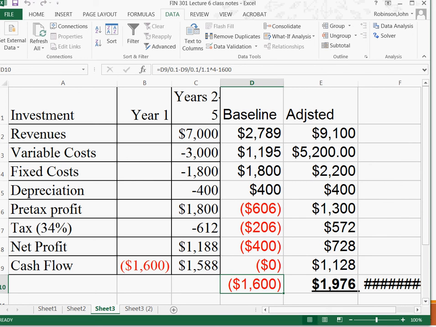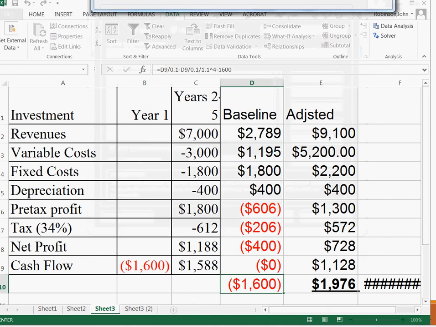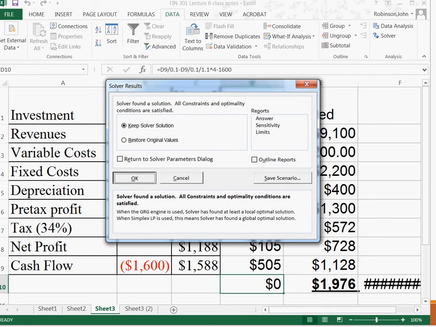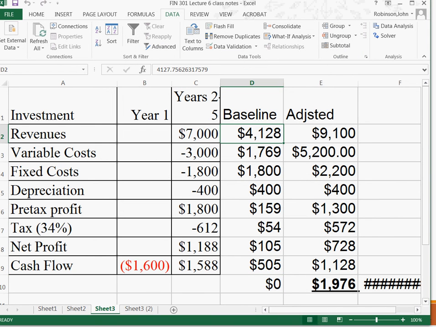Best would be the 0 NPV break-even by changing the revenue. So of course we get 0 NPV, and now we have a break-even revenue number that gets us to 0 NPV. As long as we have $4.1 billion of sales, we will be in positive NPV territory.